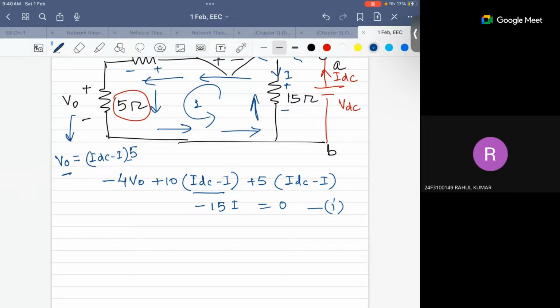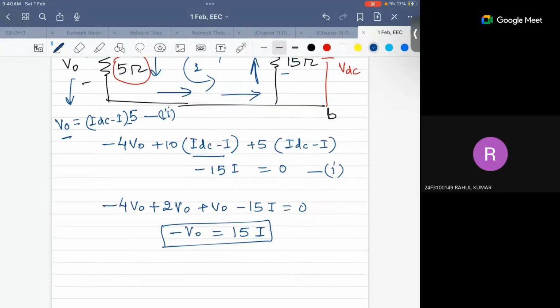With the help of the second equation, this equation becomes minus 4 times V naught plus 2 times V naught equals 15I.